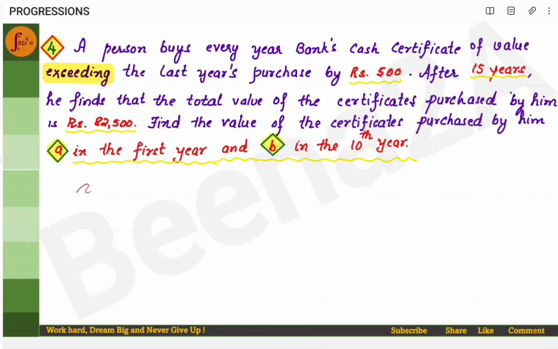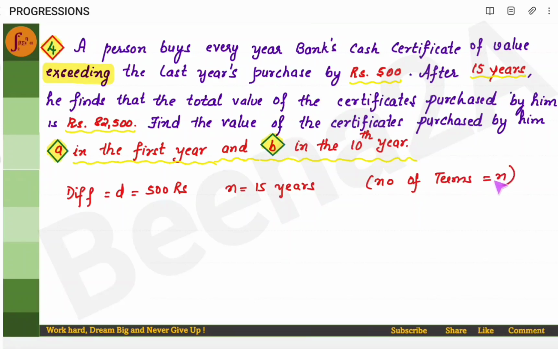So let's first write what we know. The difference is D, which is 500 rupees. We know 15 years. N is 15 years, the number of years. It's similar to the number of terms. In an arithmetic progression, N is the number of terms.